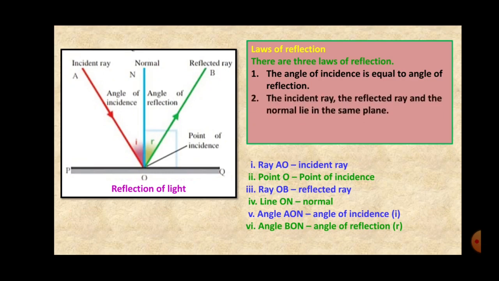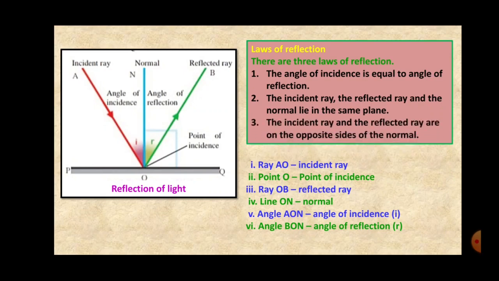The second law is that the incident ray, the reflected ray and the normal lie in the same plane. They are in the same plane. So the incident ray, reflected ray and the normal are always in the same plane.